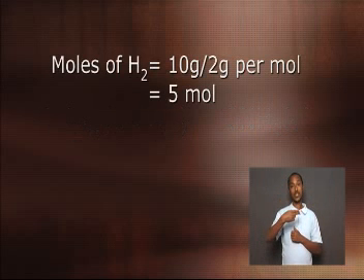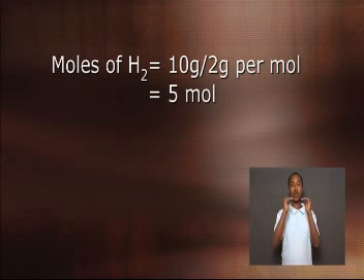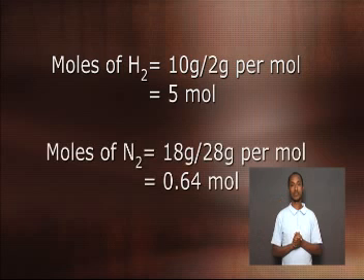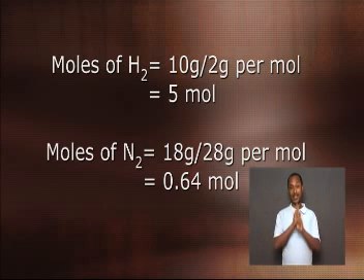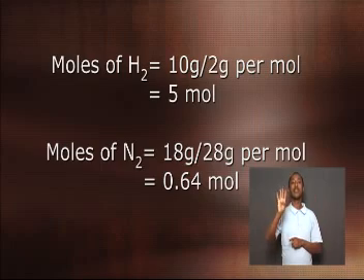For hydrogen, we would divide 10 grams by 2 grams, which is the amount of hydrogen that is equal to 1 mole. Our answer is 5 moles. For nitrogen, we would divide 18 grams by 28 grams, which is the amount of nitrogen that is equal to 1 mole. Our answer is 0.64 moles.